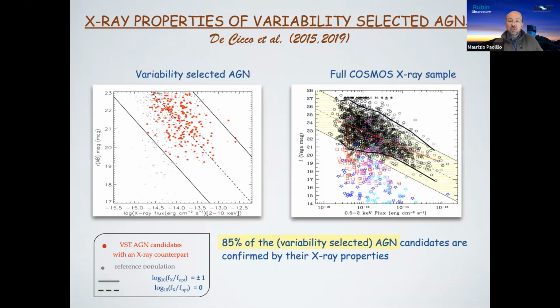So once you look at the variable sources, you can see that basically 85% of the variability selected AGN are confirmed by X-ray properties. This means that we're very clean in selecting very pure samples in which the contamination is relatively low, and all of them lie in the AGN strip in the optical to X-ray ratio diagnostic.